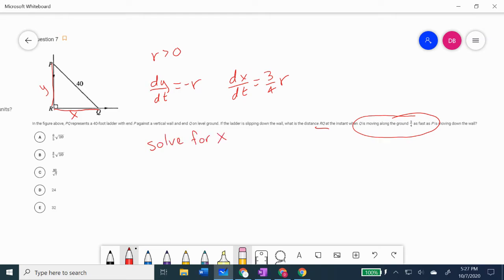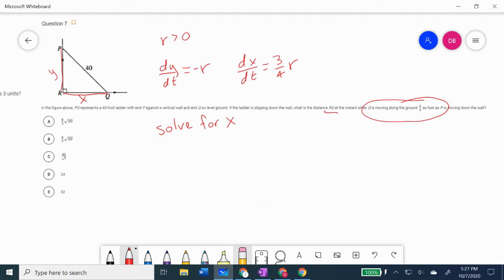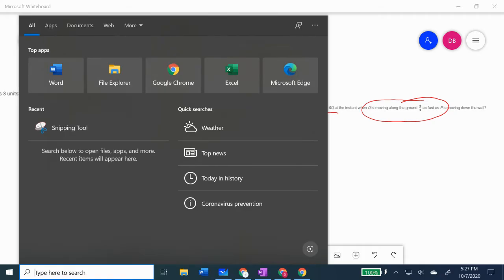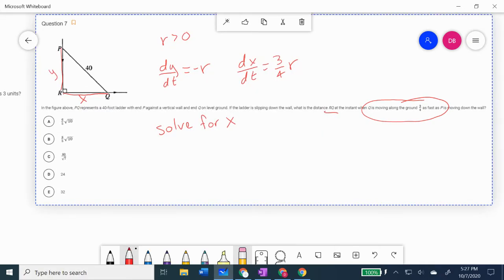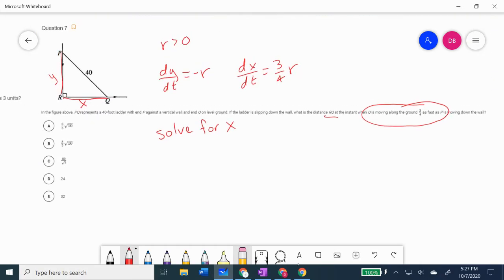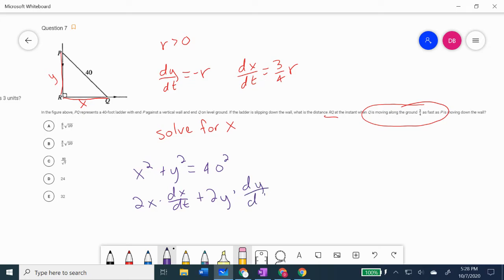Now, to get this party started, we need the Pythagorean theorem to begin a relationship of x and y. So x squared plus y squared equals 40 squared. I'm taking the derivative with respect to time. So I'm getting 2x times dx/dt plus 2y times dy/dt is equal to 0.